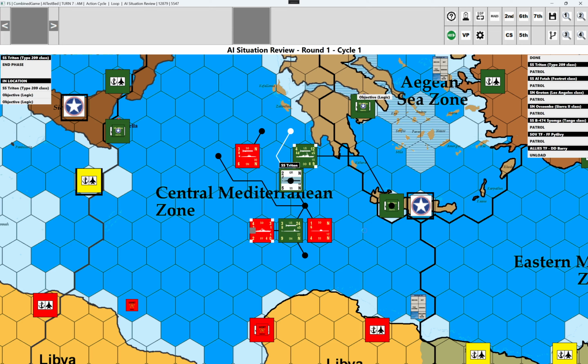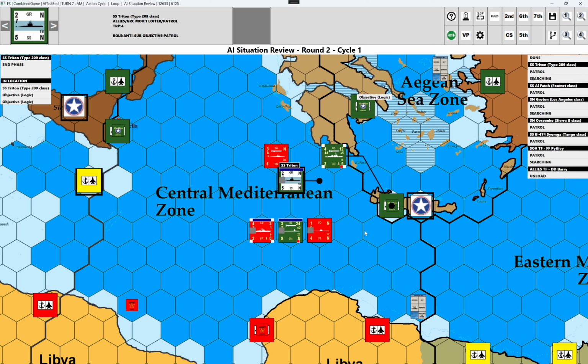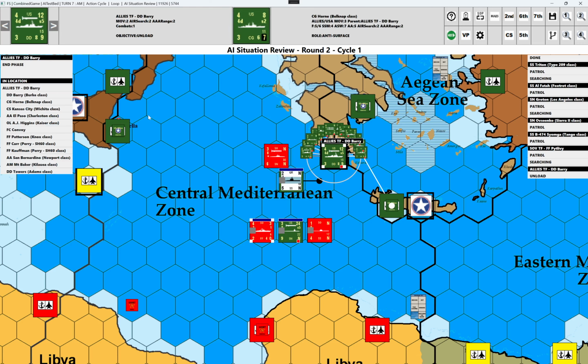I'm guessing. So he's detected now. The Groton's detected. So maybe the Groton attacked. I don't think so. Let me look here.